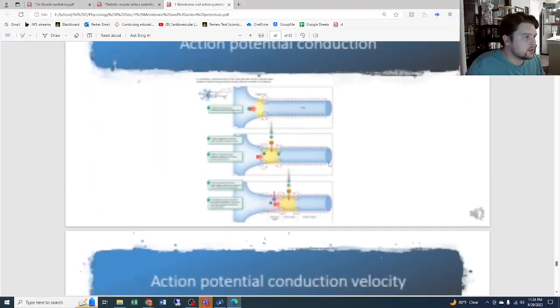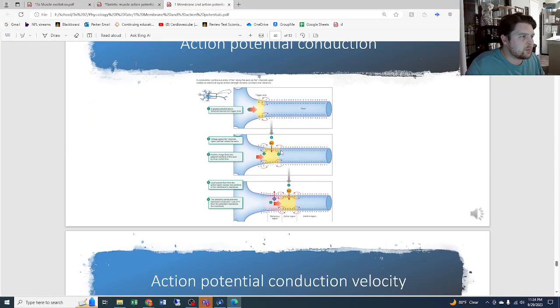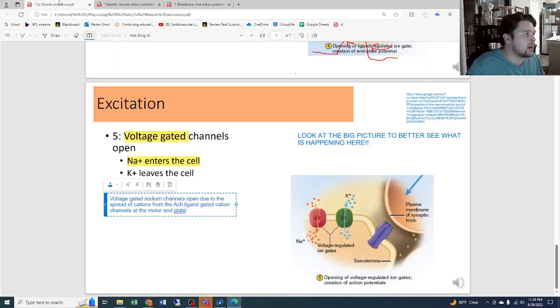Just like here, how it spreads and it goes across like this and continuously moves. Same thing is happening inside of the muscle tissue. And that is actually the excitation in the muscle tissue.